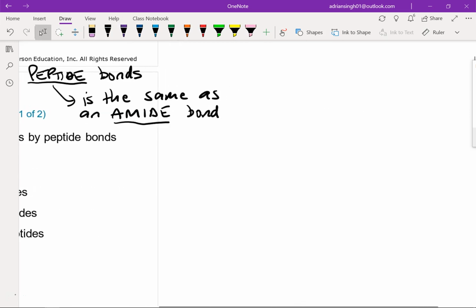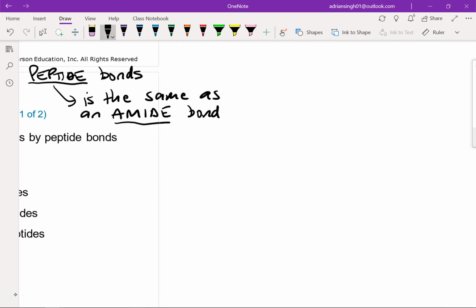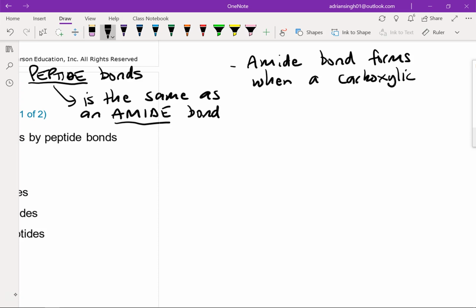And if you recall, in order to form an amide, an amide bond forms when a carboxylic acid and an amine react together.